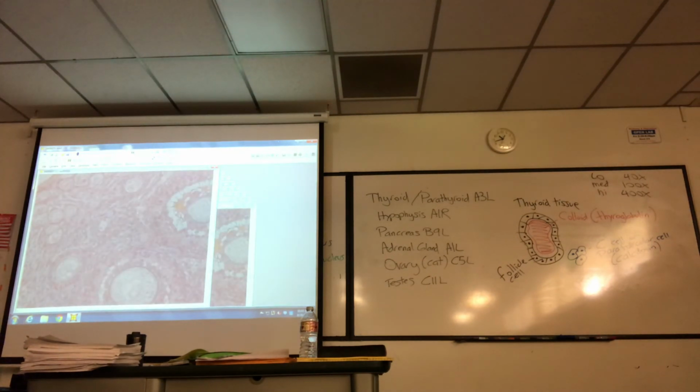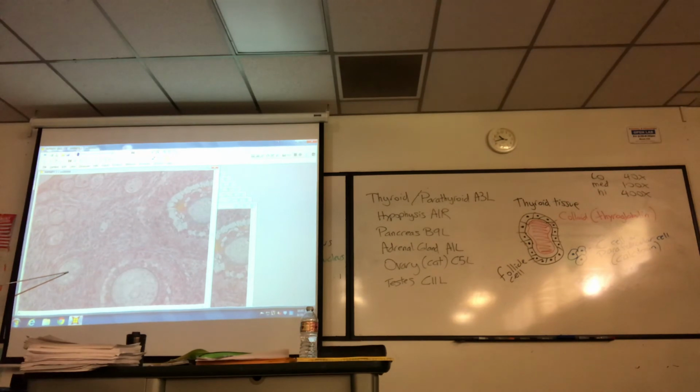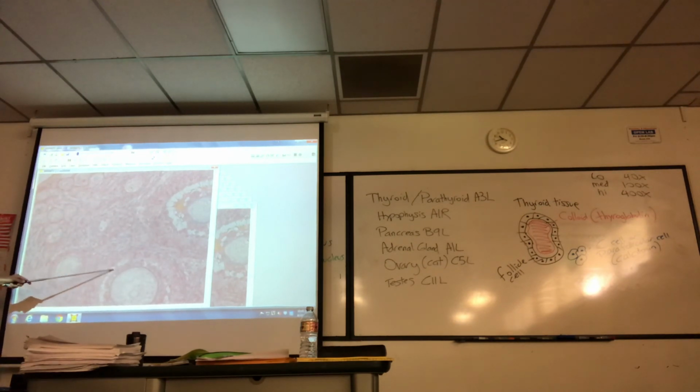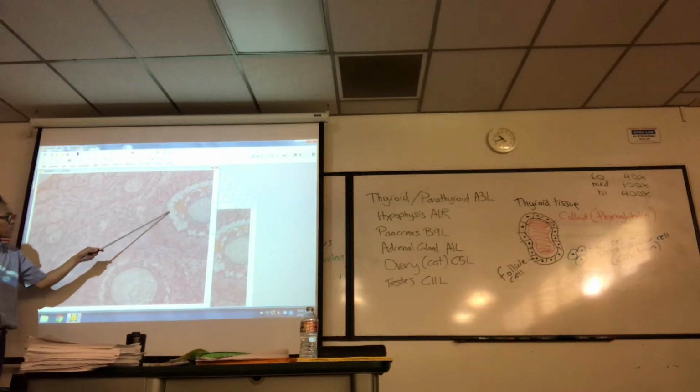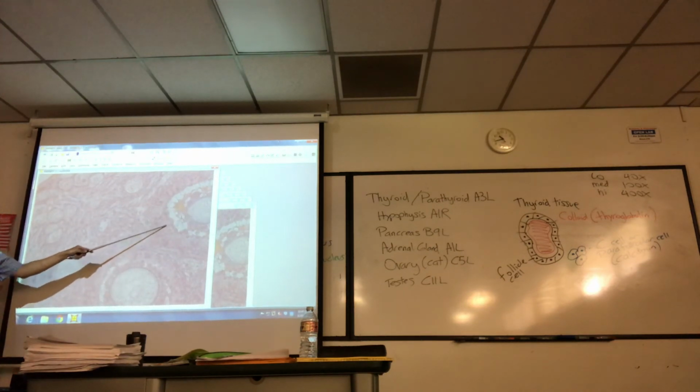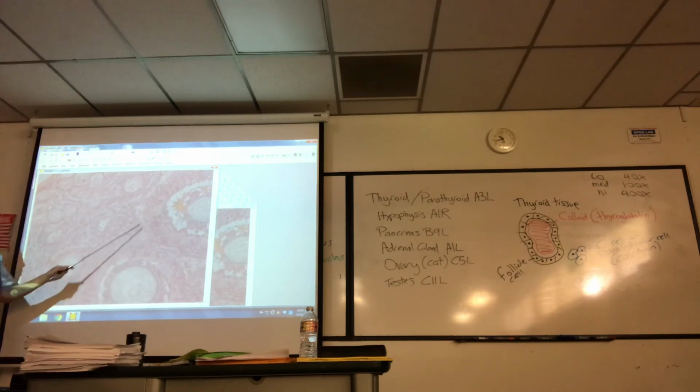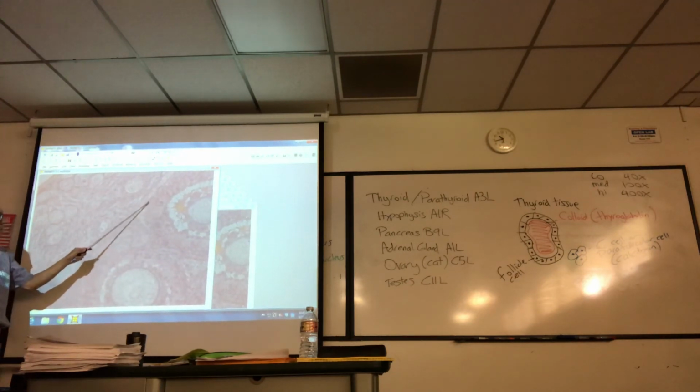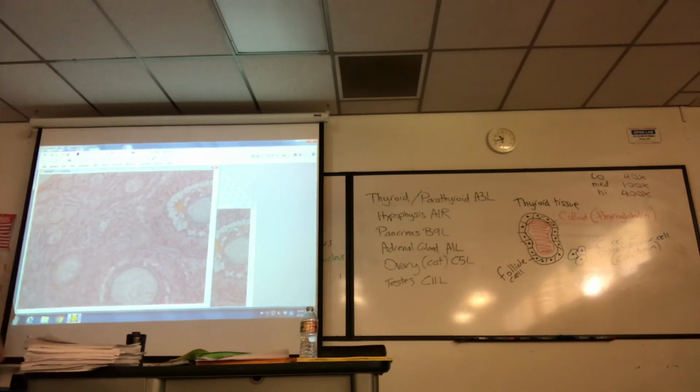This is 400x, so don't let the magnification fool you. Primordials at a higher mag, that's what they look like. Primary, I see a single layer of cuboidal cells surrounding the oocyte. This one here, you have more layers. Therefore, that's secondary. This one with a little fluid around it, also secondary. You can even start to see granulosa cells, theca cells. But let's go to a graafian follicle to look at that. Take a little more picture here for you.